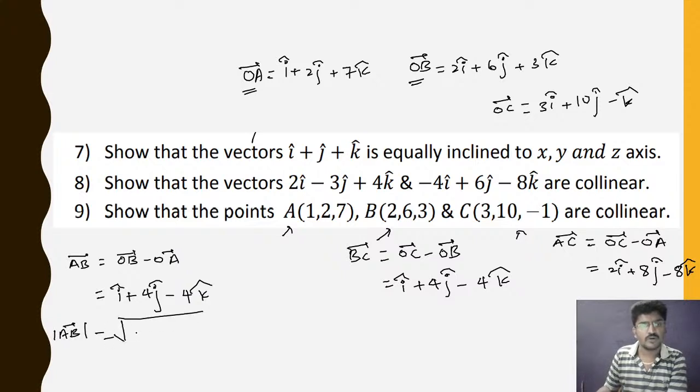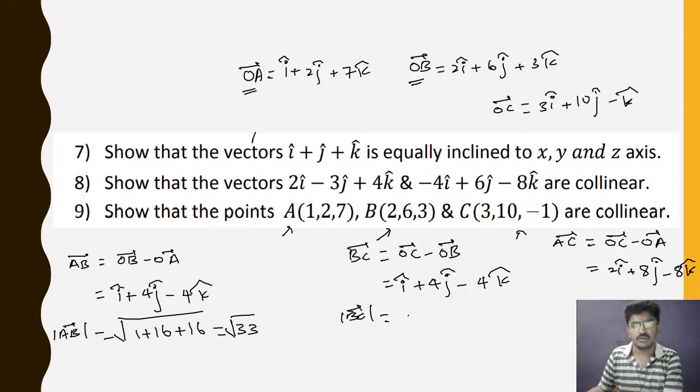Square root of 1 plus 16 plus 16, that is root 33. Here also, magnitude of BC equals square root of 1 plus 16 plus 16, root 33.